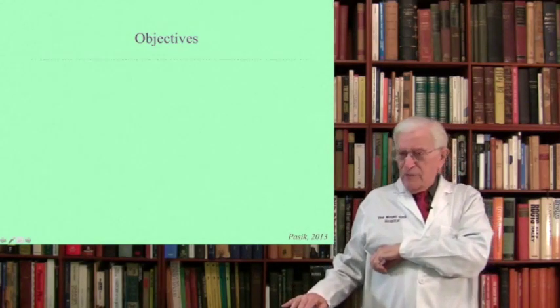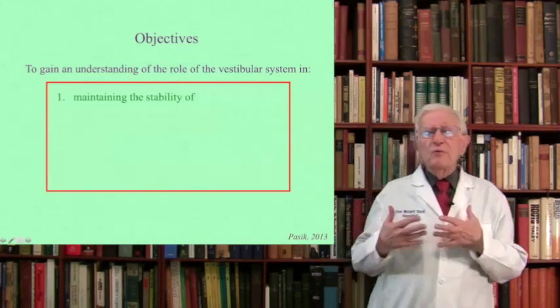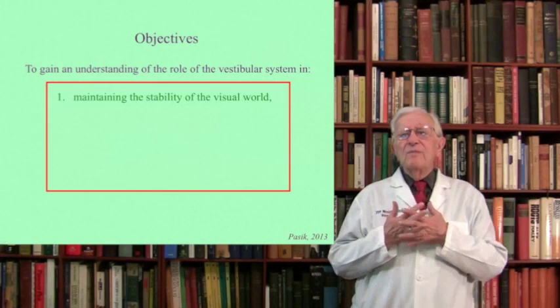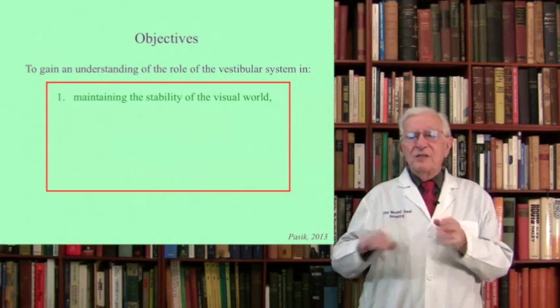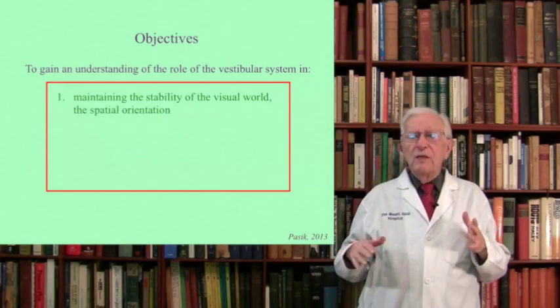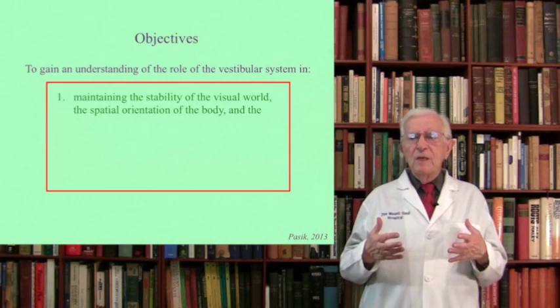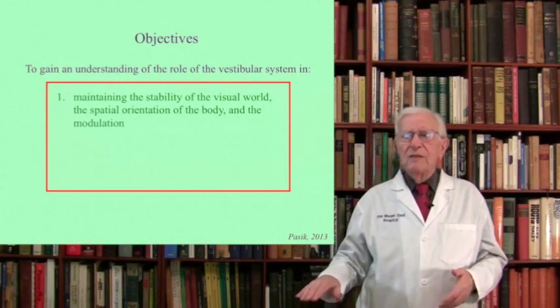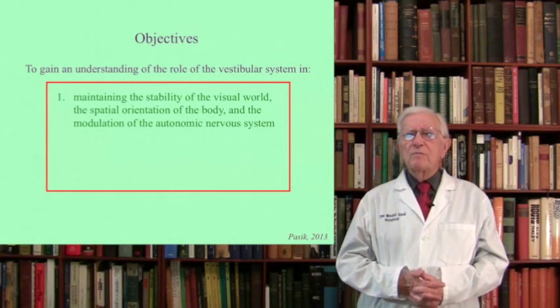First, the objectives that are relatively simple, because we have to understand that the vestibular system maintains the stability of the visual world, and also the spatial orientation of the body in relation to gravity, and finally it modulates the autonomic nervous system.